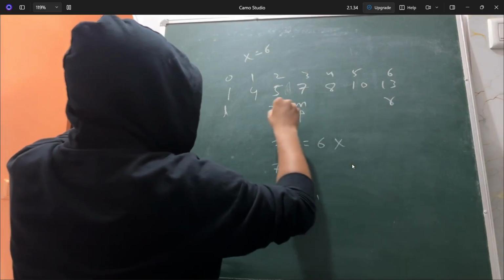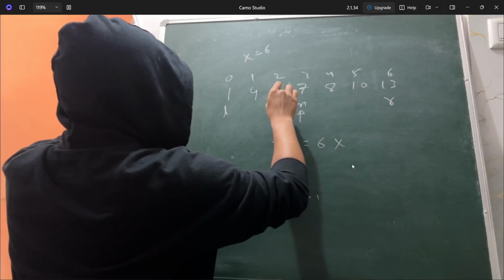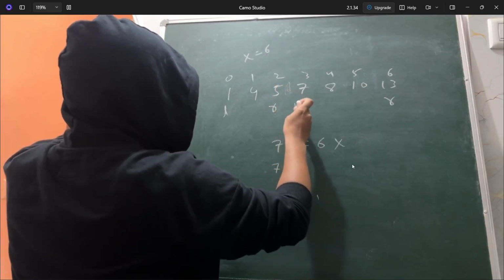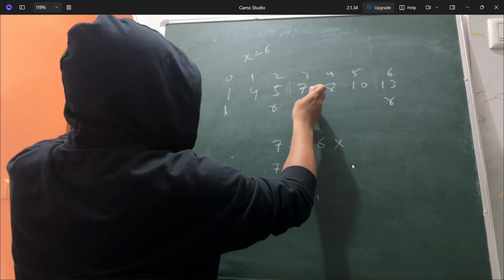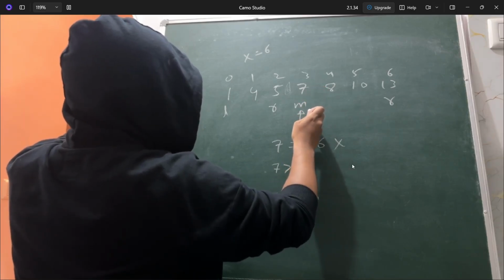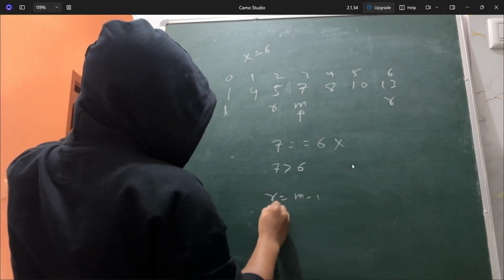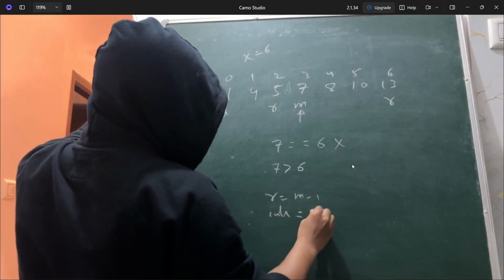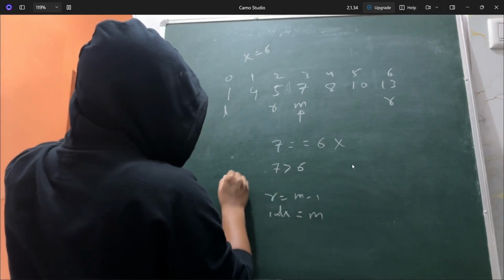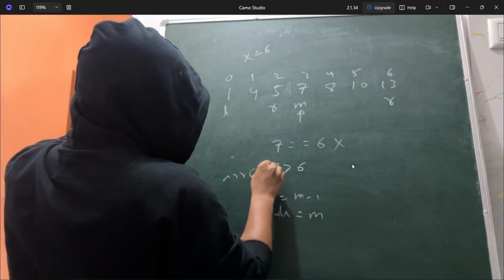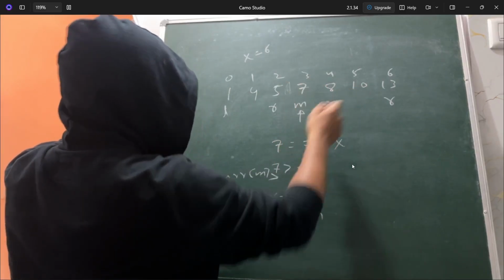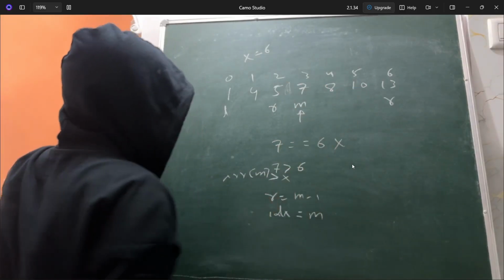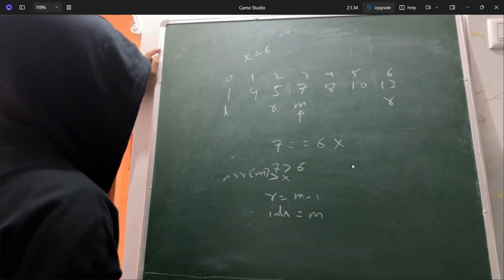If you move the right index to this place, it is a lesser element. We are trying to store the index of the one element greater, so that is the reason I'll be storing the index as mid in the case of array of mid greater than the target value x. So I think you got why I am doing this.